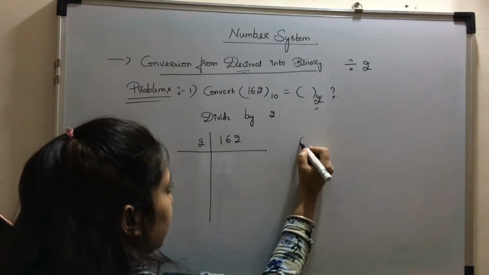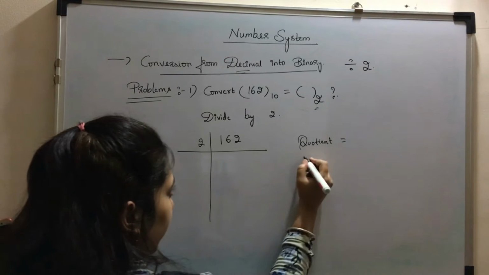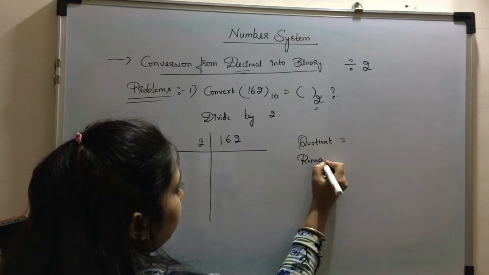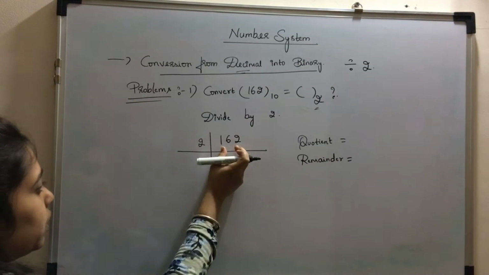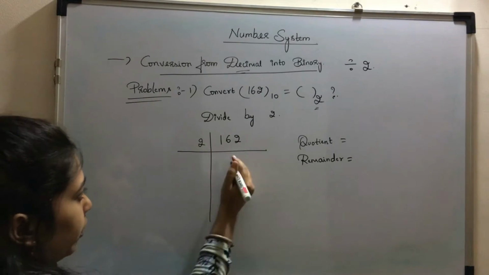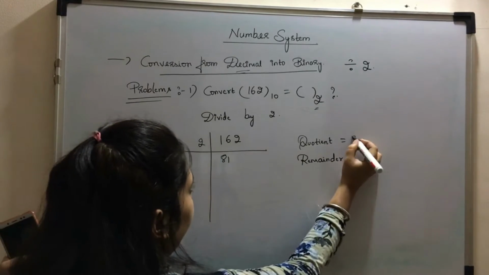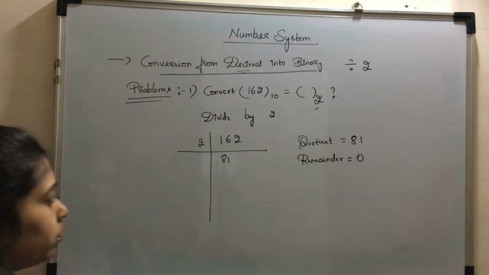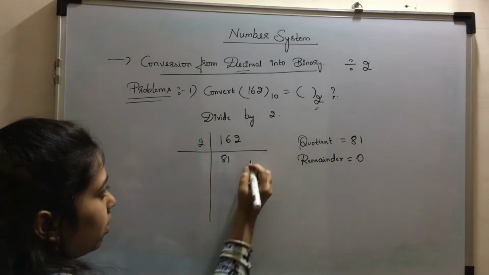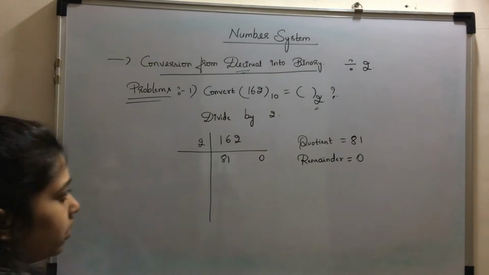We get two parts, that is quotient and remainder. Divide 162 by 2, we get 81. 81 is the quotient and the remainder is 0.